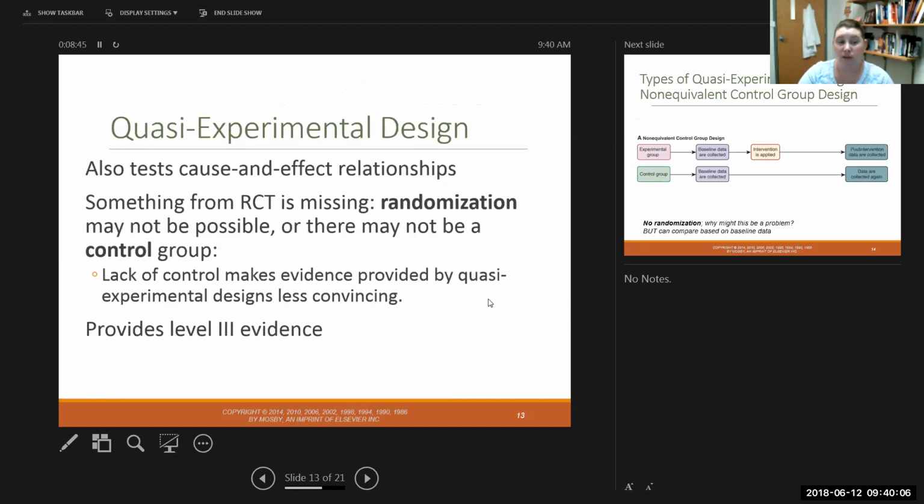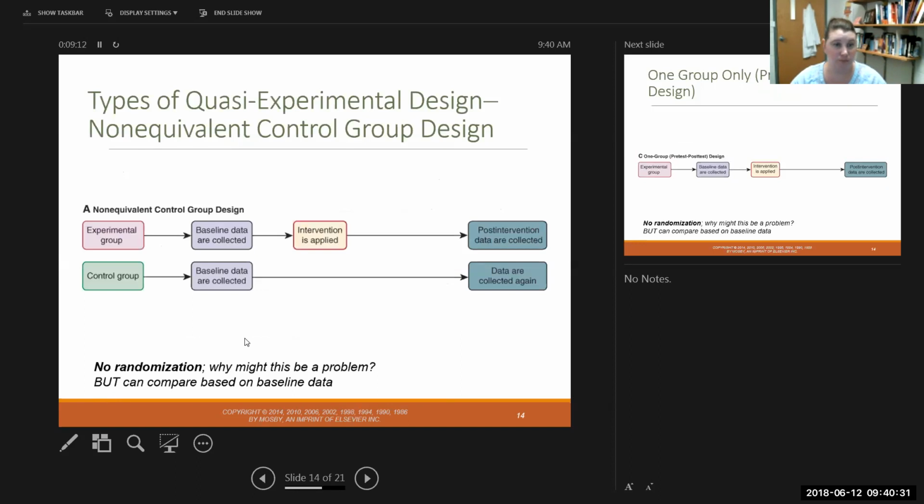So anytime you have a lack of a control group, it makes the evidence a little bit less convincing, which is why this is coded as level 3 evidence rather than level 2 evidence, as we saw in true experimental design. Similar to those 3 different models that I showed you, quasi-experimental designs have similar modeling of how they approach doing their experiments. So let's look at a few of those.